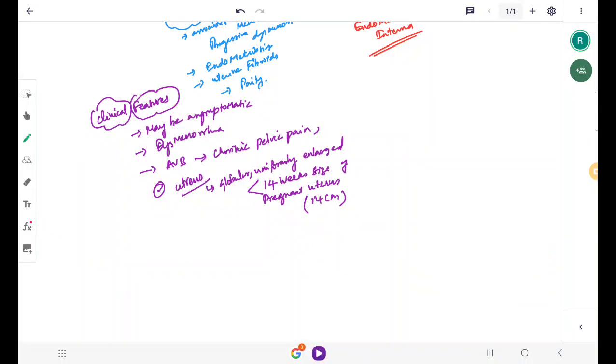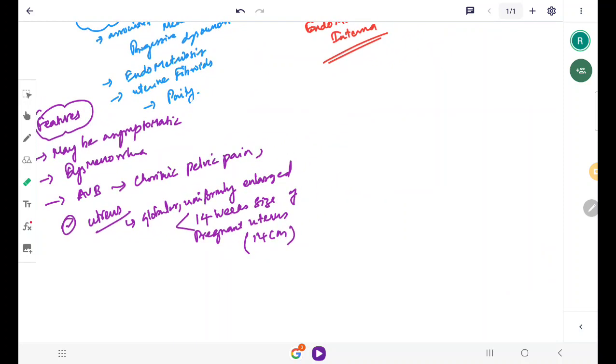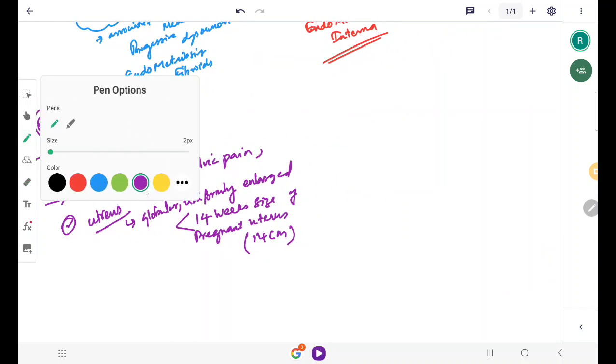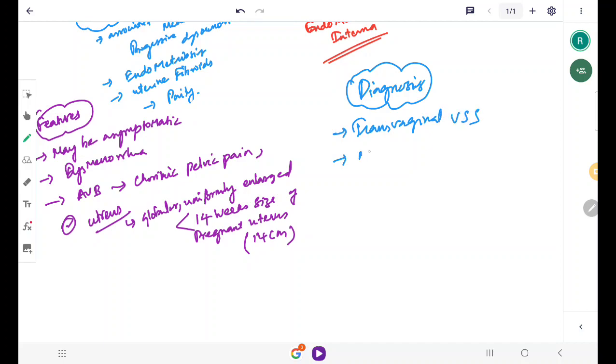So speaking about the diagnostic procedures in adenomyosis, we can do transvaginal ultrasound and MRI for further evaluations. So coming to diagnosis, you have transvaginal ultrasound, MRI, and in MRI you can find myometrial cyst because there is growth of endometrial tissue within myometrium.